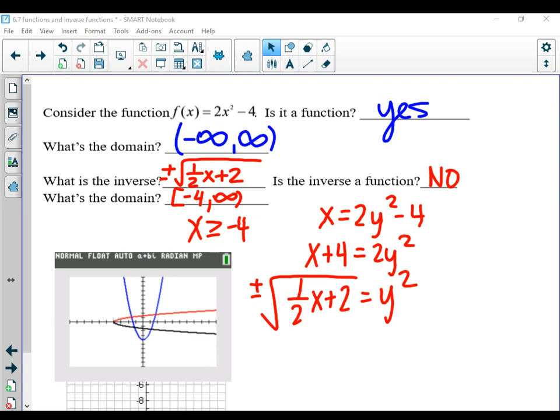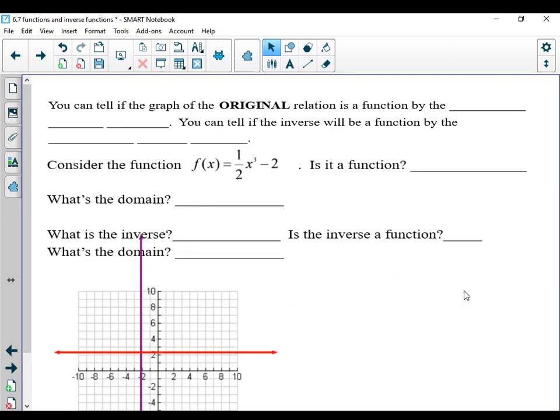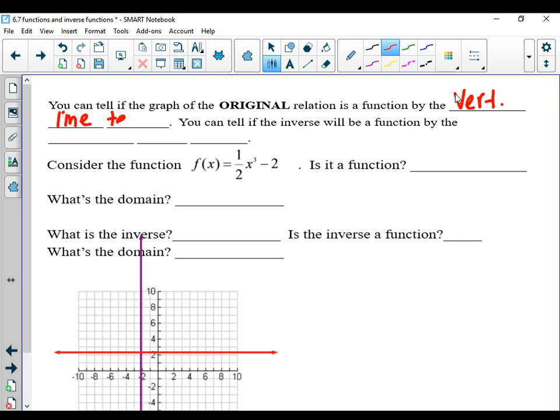Okay, so let's put that in words. We can tell the original is a function by the vertical line test, but you can tell if the inverse will be a function by using the horizontal line test. Okay?